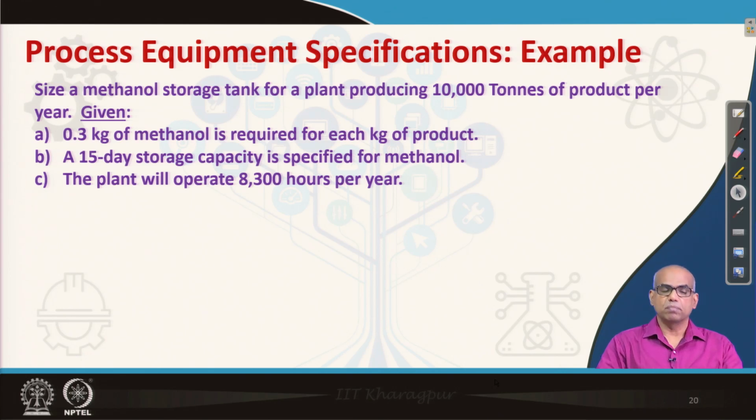We will take a small example here. Let us size a methanol storage tank for a plant which produces 10,000 tons of a particular product per year. Given 0.3 kg of methanol is required for each kg of product, a 15-day storage capacity is specified for methanol.